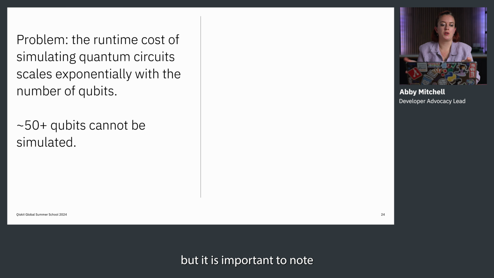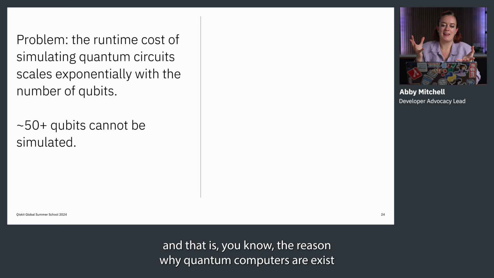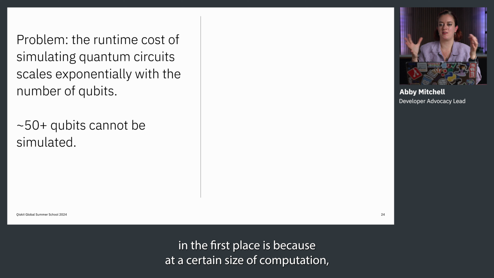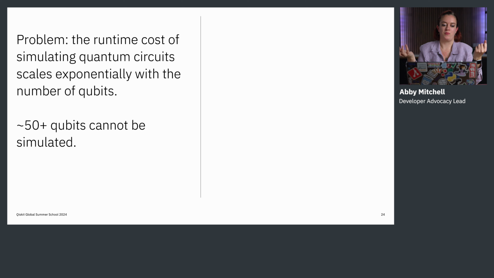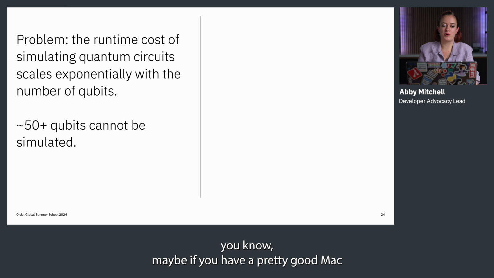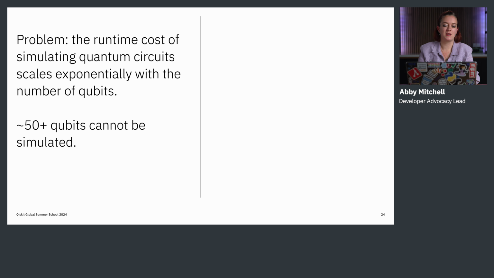But it is important to note that there is an inherent problem with using simulators, and that is, the reason why quantum computers exist in the first place is because at a certain size of computation, classical devices just don't work anymore. Maybe if you have a pretty good Mac and a pretty simple program, you could simulate maybe 50 qubits.